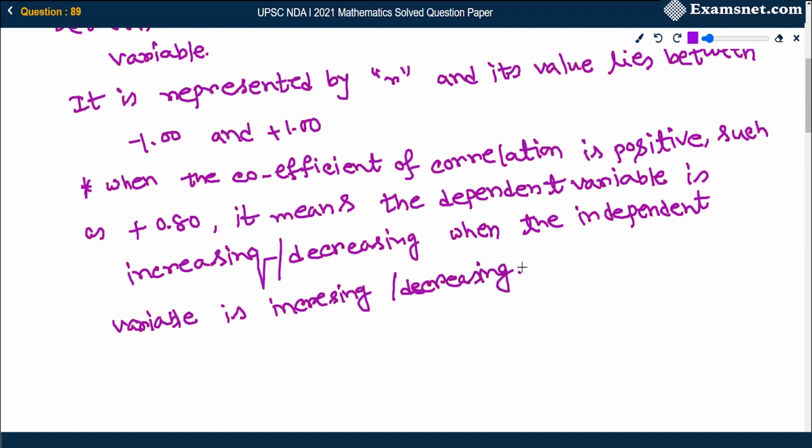I mean both are moving together. So when the dependent variable is increasing, the independent variable is also increasing. And when the dependent variable is decreasing, the independent variable is also decreasing.